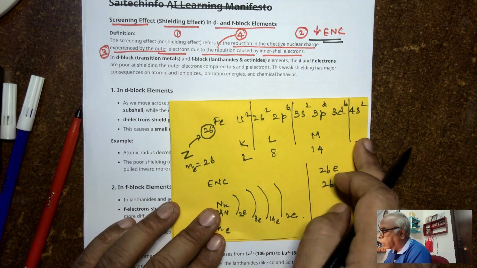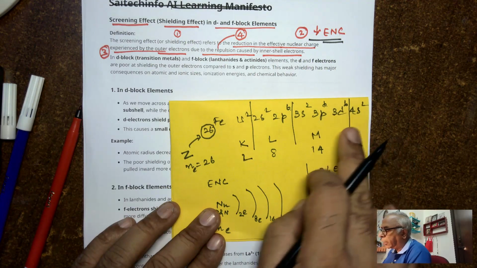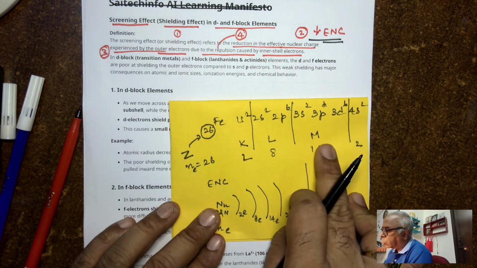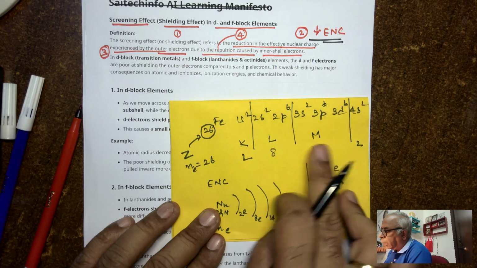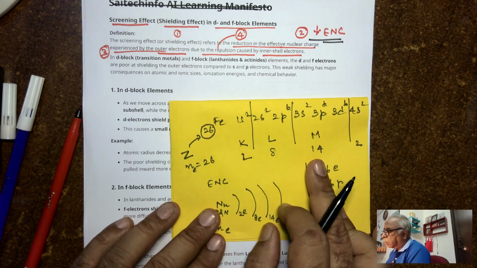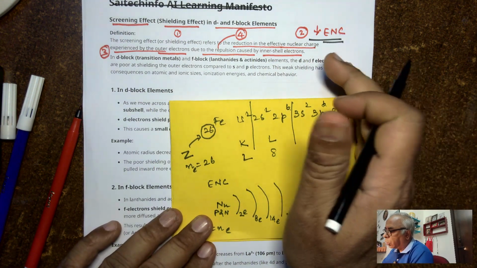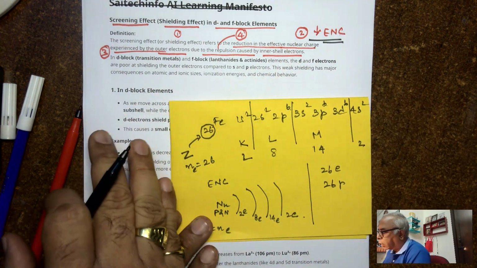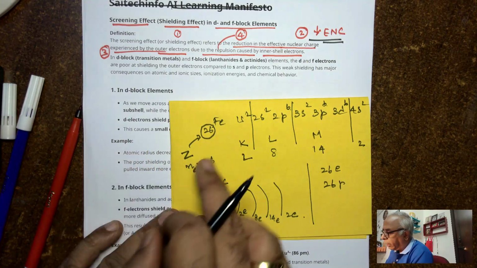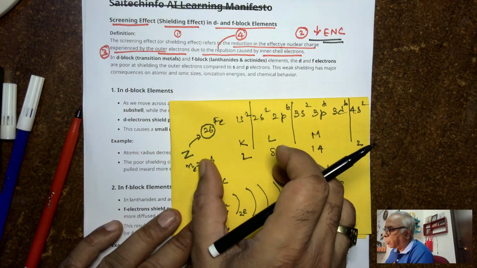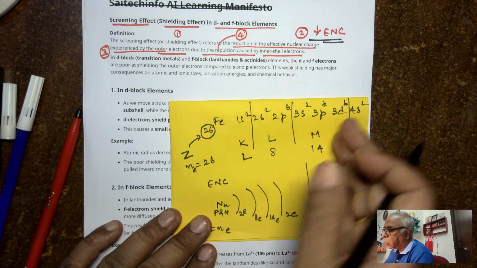Penultimate means one less, the nth level, n minus 1 level. The nth level is called ultimate, n minus 1 is called the penultimate. It means the penultimate shells give some protection and thereby shield the outermost electron from being taken control of by the nucleus, and this effective nuclear charge is decreased, it drops.